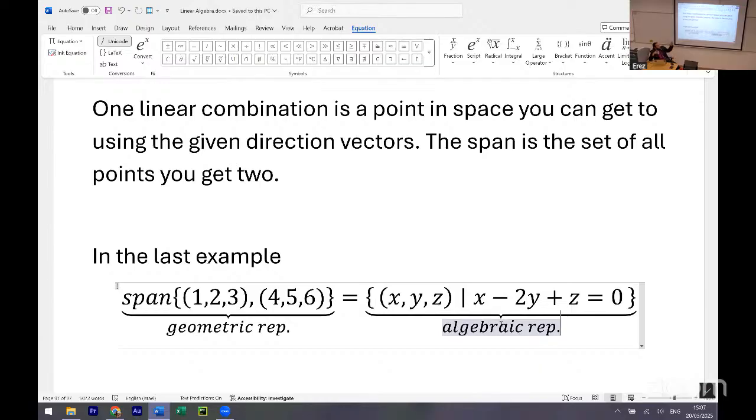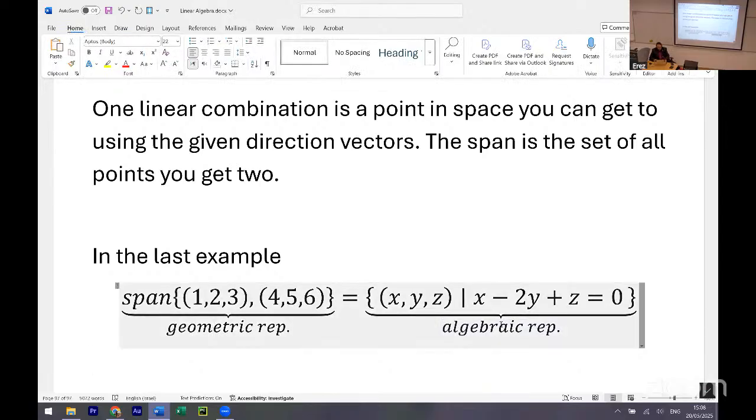I don't think there are professional terms for these different representations. In high school, there is a name, they call this הצגה פרמטרית and this algebraic, but you need to be able to change representation.